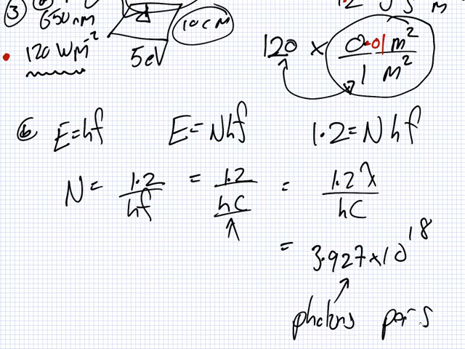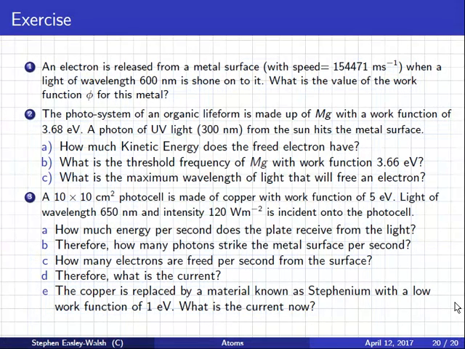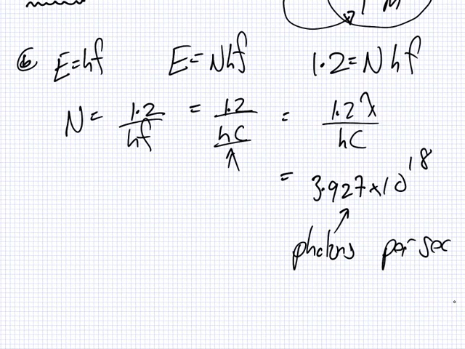Right, next, how many electrons are freed per second? Well, let's see. What was the energy of one photon? That's hf.